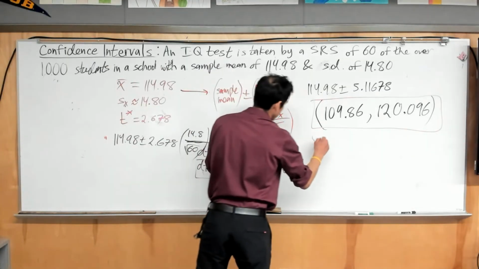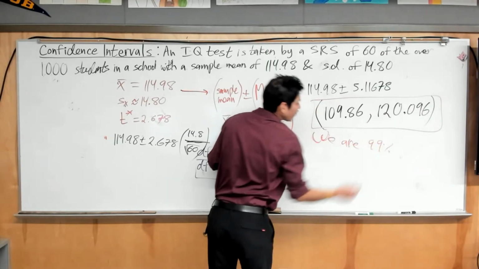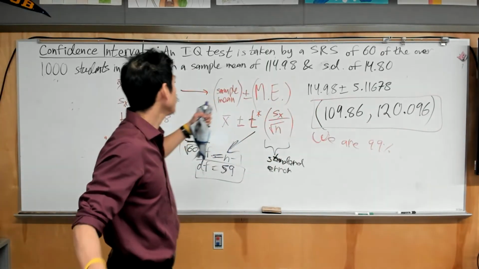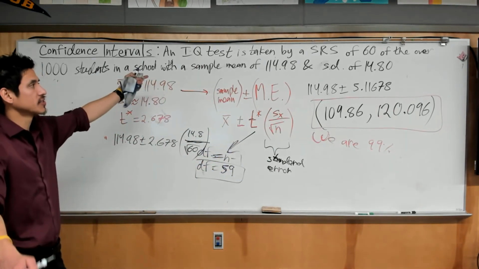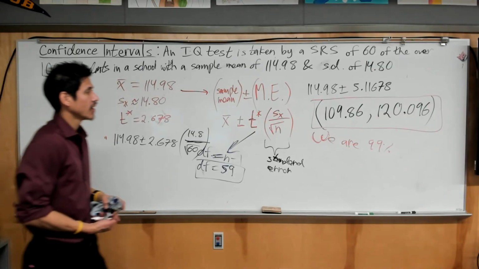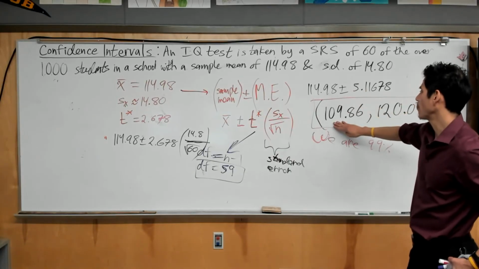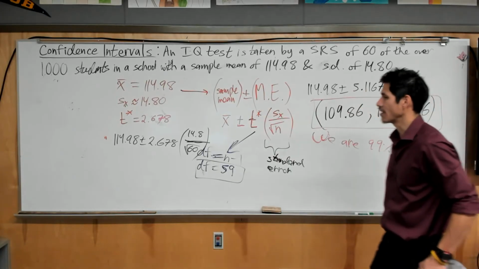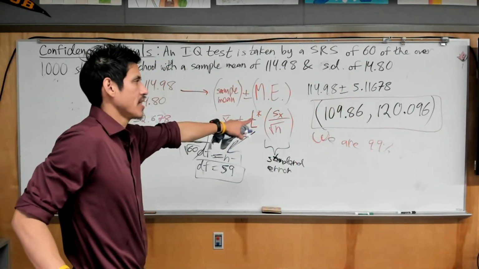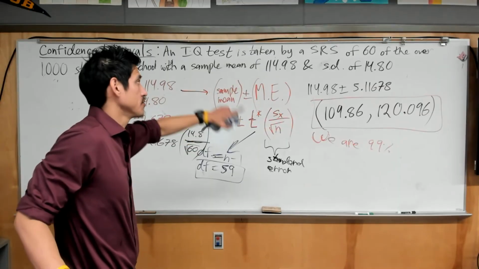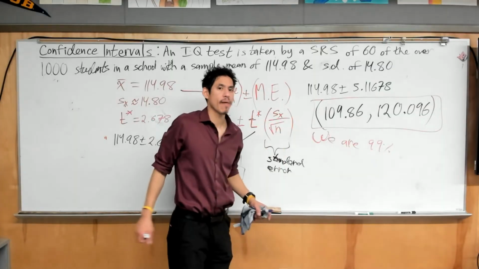We are 99% confident that the true population mean of IQ scores of the students at this school is somewhere in the interval of 109.86 to 120.096. So again, that means that if we were to make many thousands of these confidence intervals using the same method, about 99% of them will capture the true population mean.